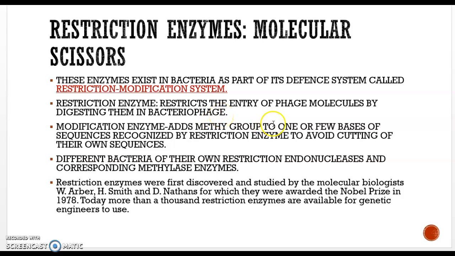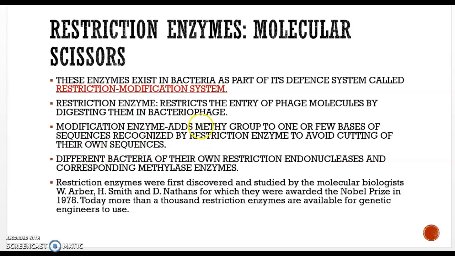Whenever any virus comes to infect a bacterium, the virus coat protein remains outside the cell. Only DNA or RNA moves inside, and the restriction enzyme of the restriction modification system identifies the foreign DNA, digests it and inactivates it.